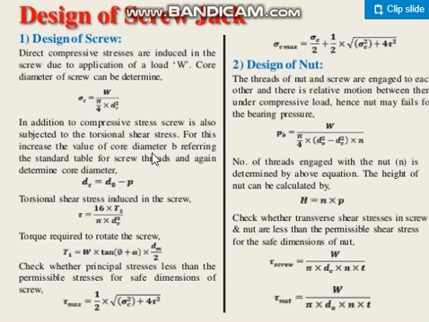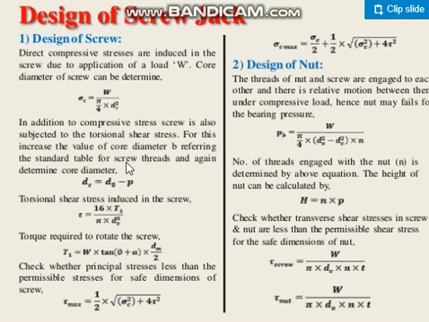Because torsional stress is there, this area is only sufficient to bear the compressive load, so you have to increase this area. That means you have to increase the diameter, and you have to choose from a standard table in the data books a core diameter which will be able to sustain this shear stress also.